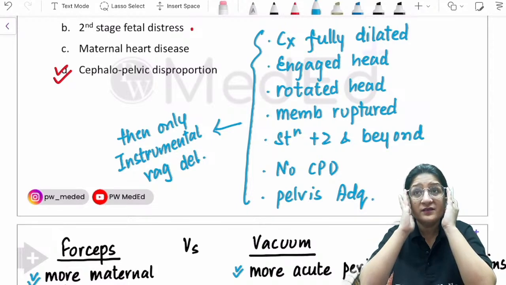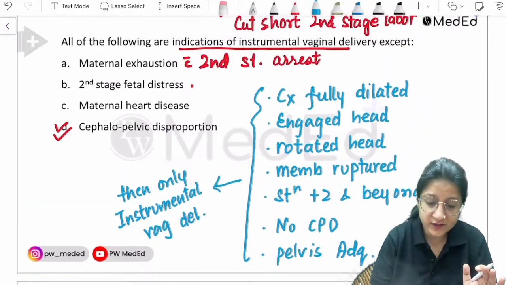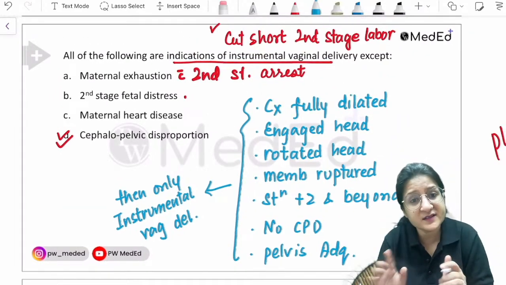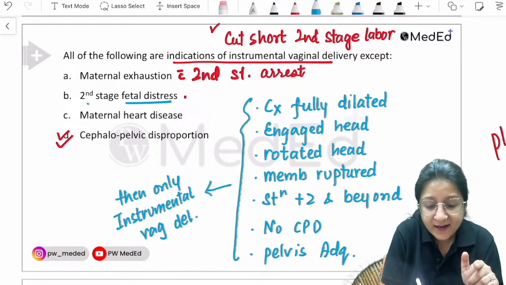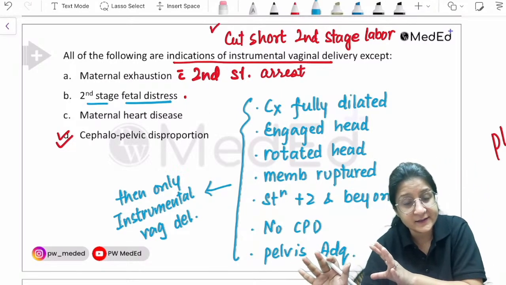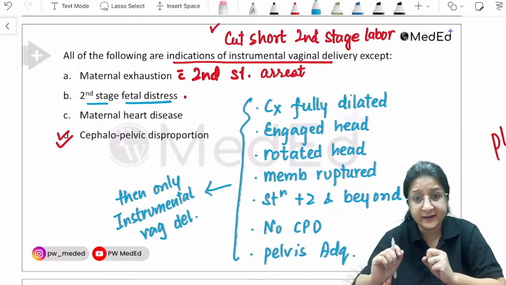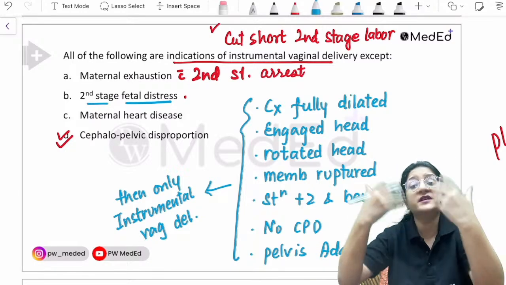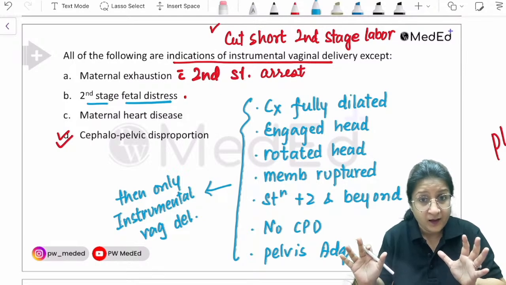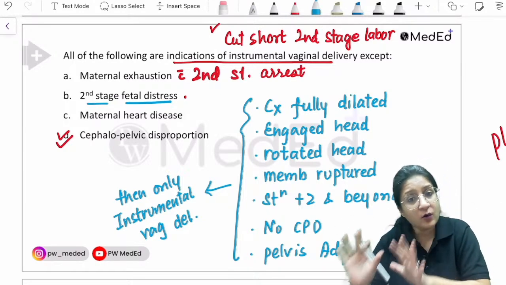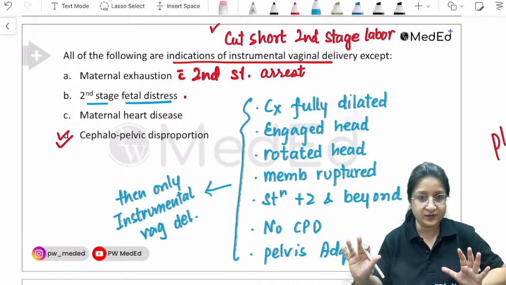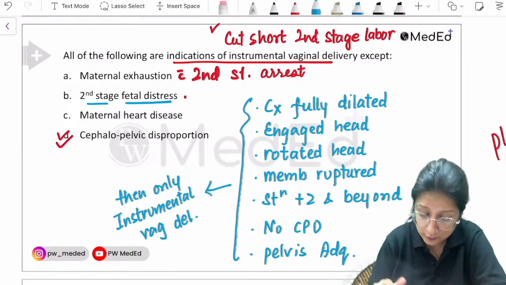If you are given a situation where there is fetal distress in the second stage and the cervix is not fully dilated, they tell you 6 centimeter dilated, they tell you station +1, they tell you station minus or whatever, don't answer vacuum at all. If these criteria are not met, it is cesarean section. Please remember that also.